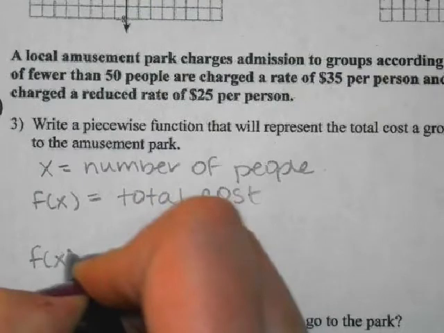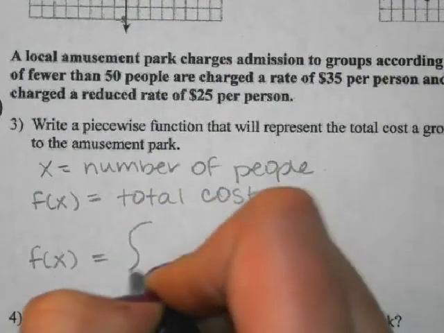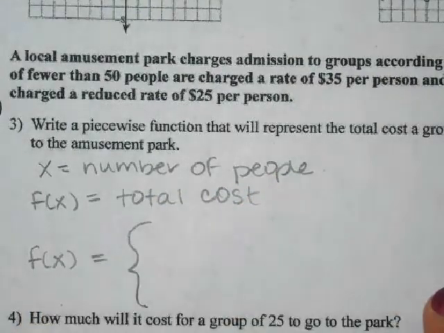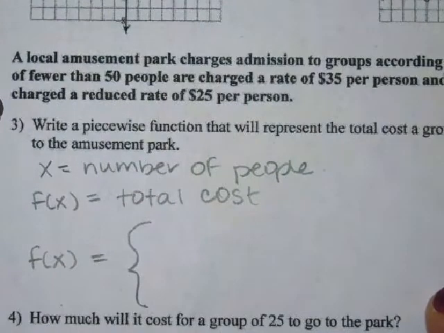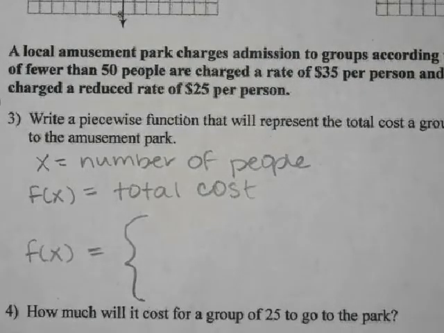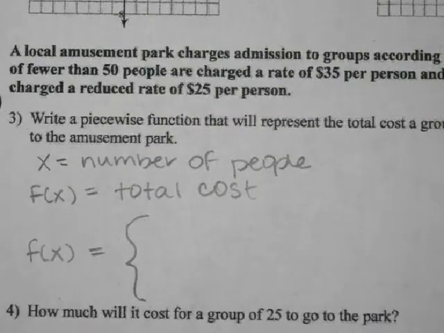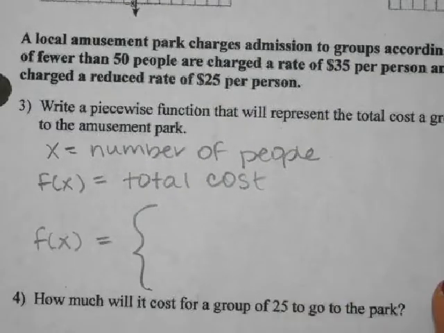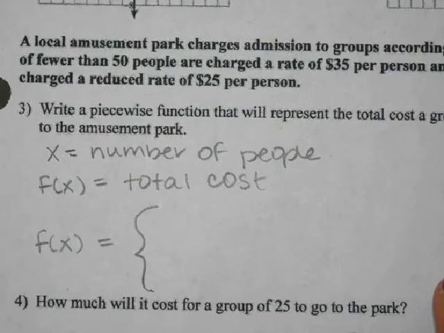So when I write my piecewise function, I'm going to have 2 different pieces. And the first piece was that groups of fewer than 50 are charged $35 per person. So if I have 1 person, I'm going to pay $35. If I have 2 people, I'm going to pay $70. If I have 3 people, I'm going to pay $105.